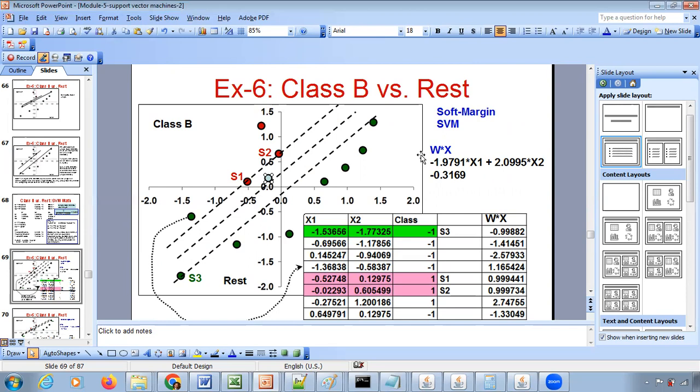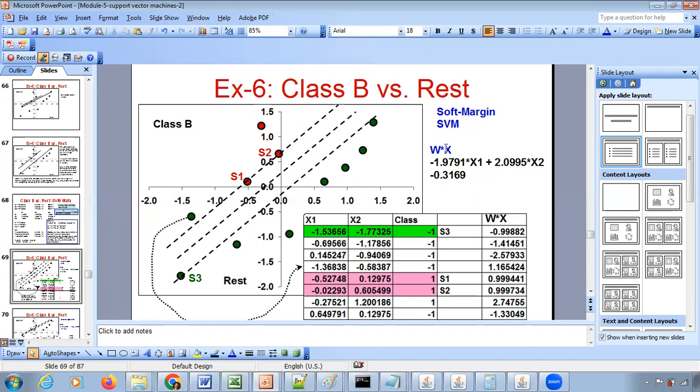So that's the idea behind using a wider margin as much as possible. We let one outlier, but we are not letting any data point within the margin. That's good. We're just letting one data point belong to class B as an outlier, but there's nothing else that's an outlier within the margin anywhere.